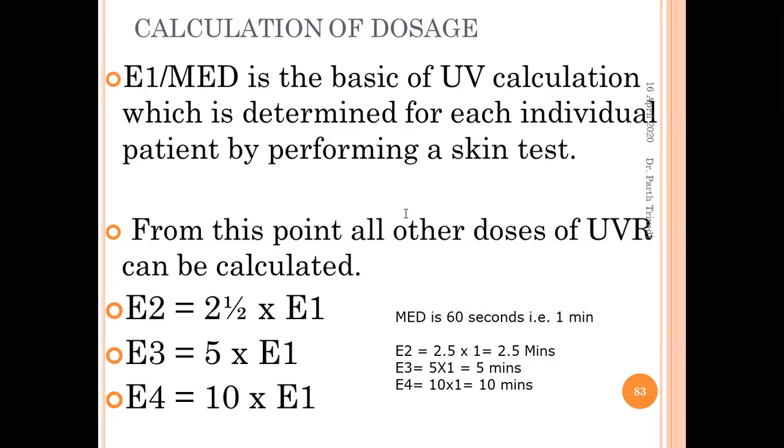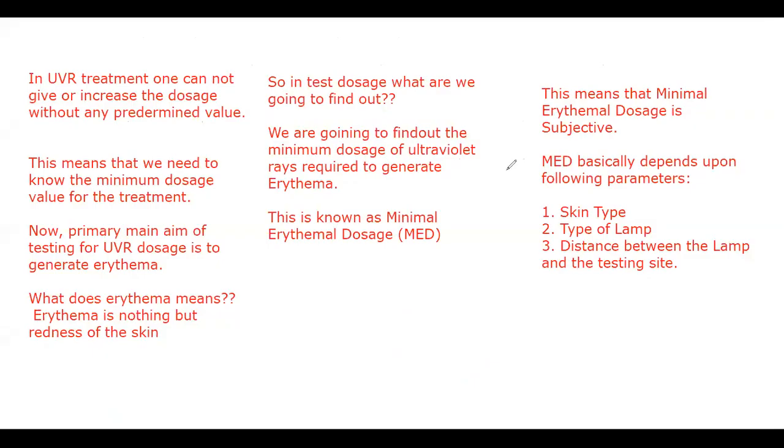So I would like to go to the whiteboard to discuss some basic things which we have discussed in this lecture. First thing we have discussed is that minimal erythemal dosage is nothing but the minimum dosage required to produce erythema.